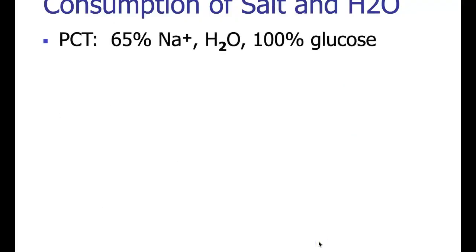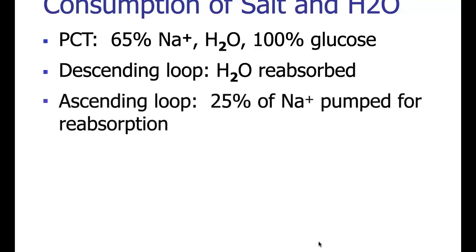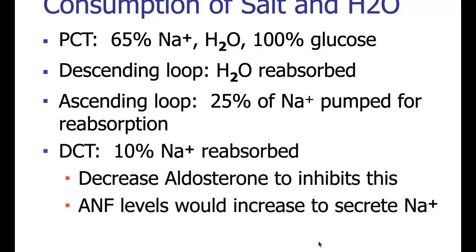So we think about consumption of salt and water. In the PCT, we get 65% sodium and water, and 100% of glucose, reabsorption. In the descending loop, we get reabsorption of water. In the ascending loop, we get 25% of our sodium pumped for reabsorption, and about 10% of sodium reabsorbed in the DCT.